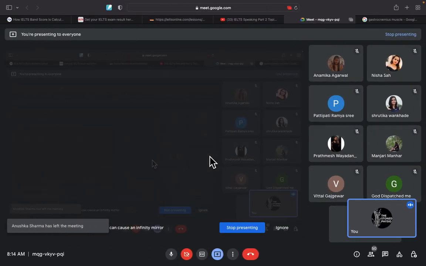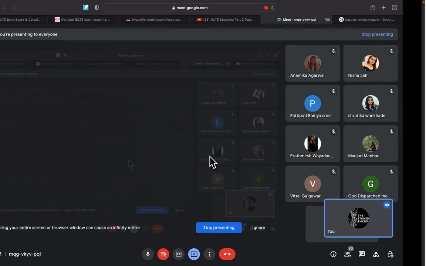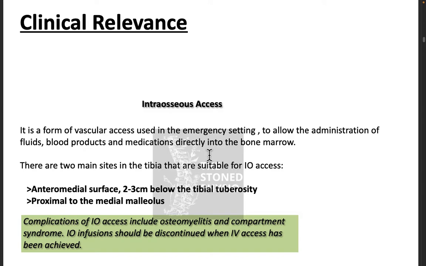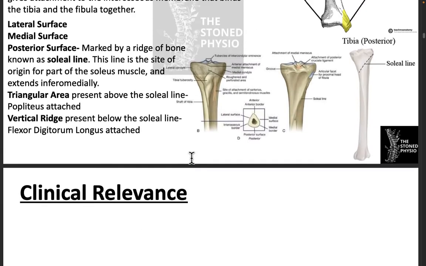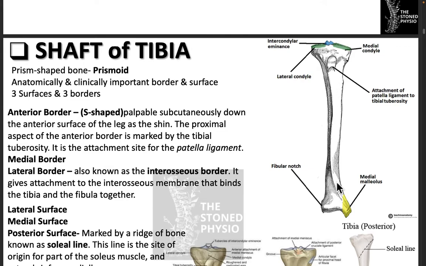We have got some fluids, like crystalloids and some colloids, which we insert into the bone marrow in case of an emergency condition, and certain medications which we can administer. So for that we go for the intraosseous access. Now there are two different sites in the shaft of the tibia where we can go for the intraosseous access.